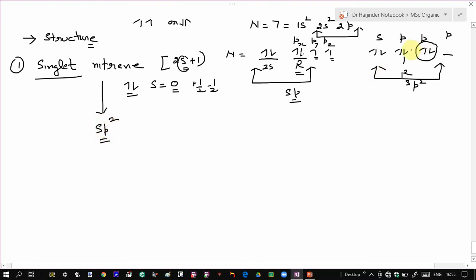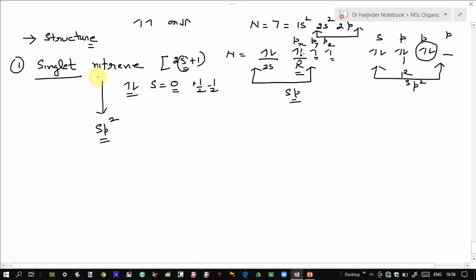Why? Because in sp2 hybridization, both electrons have anti-parallel spin and are paired. If they are present in two different p orbitals, they must have a parallel spin. They will be paired, with anti-parallel spin, only when they are present in the same orbital, which is the sp2 hybrid orbital.